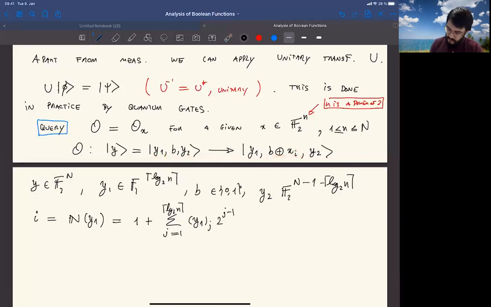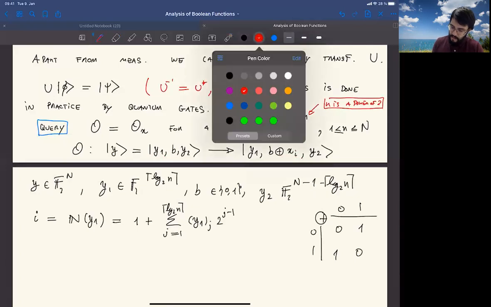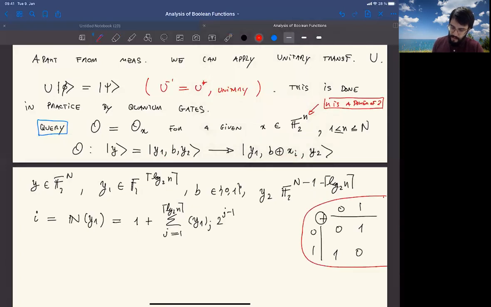And remember, for 0, 1, the exclusive OR is 1 if one of them is 1, but if both of them are 1, then you put 0. If it was the OR, you would put 1 here, but it's the exclusive OR. So that is what they call a query operator.